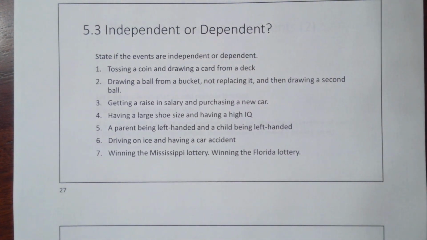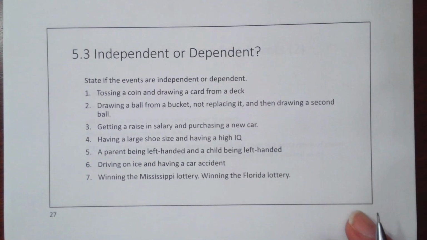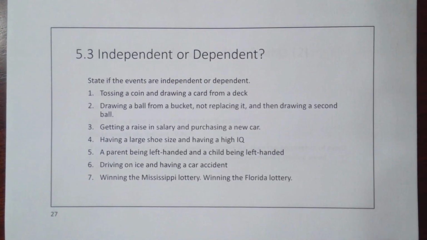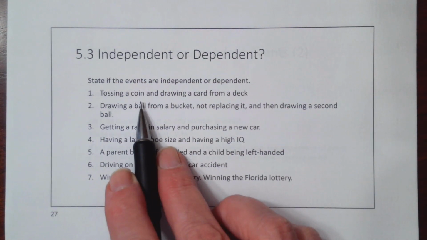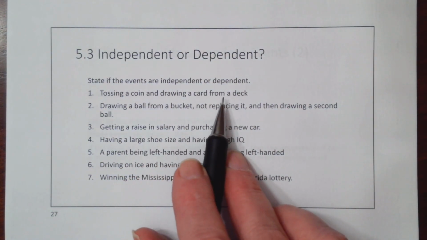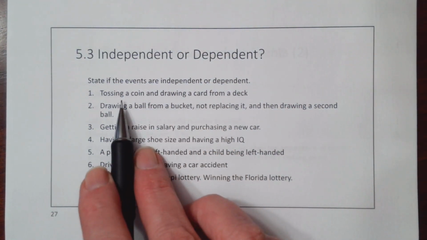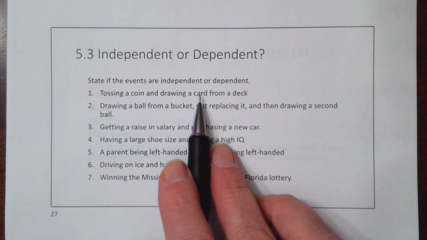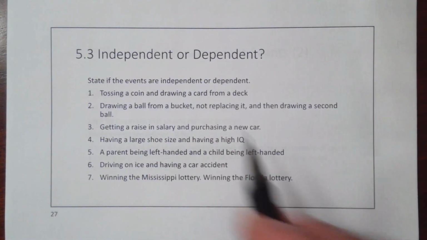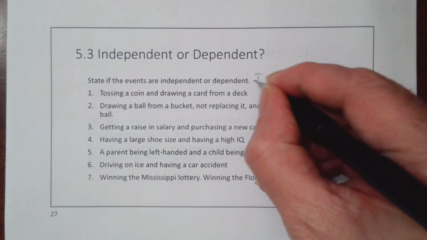First of all, let's look at these events and see if we can figure out whether they're dependent or independent. Tossing a coin and drawing a card from a deck. Let's say I toss a coin and I get heads or tails, it doesn't really matter. That's going to have no impact on the probability when I draw a card from the deck. And so these are independent events.